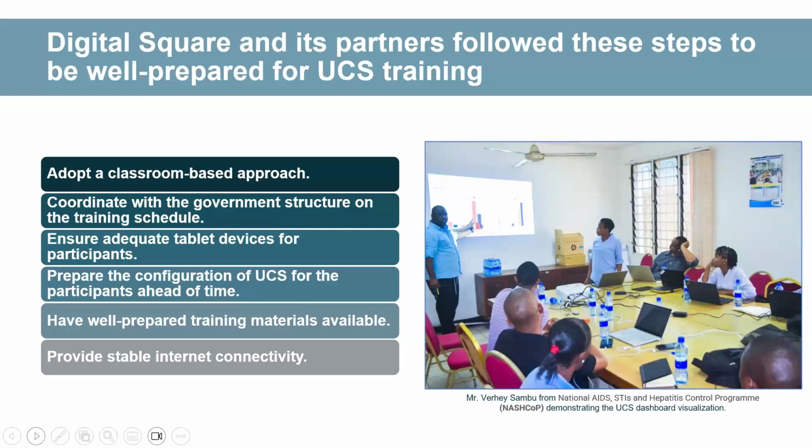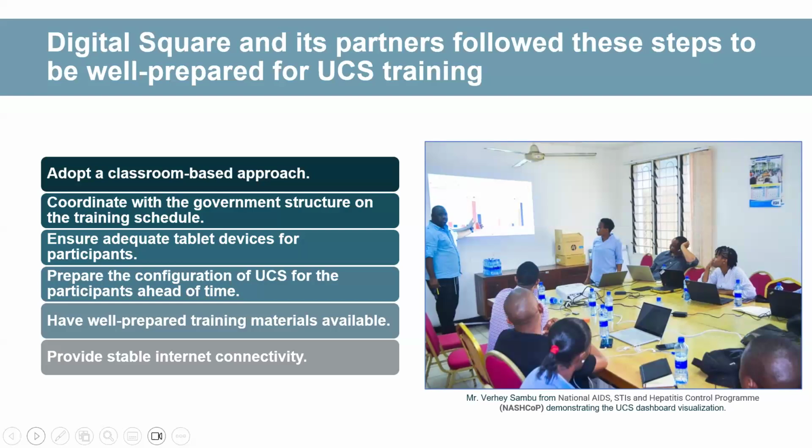And the organization of classes were based on the roles of the system users. So healthcare providers and community health workers were kept in separate training rooms to allow them to be able to navigate the systems more efficiently.